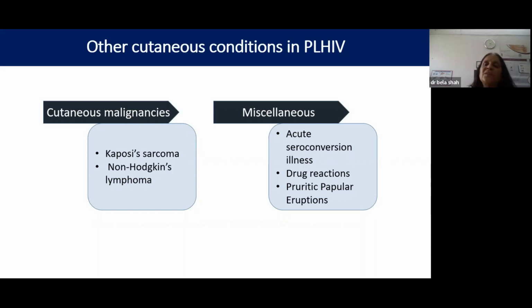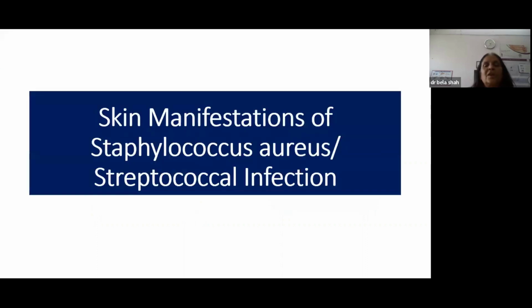When nevirapine was used as a first-line drug, we saw a lot of SJS and TEN. That incidence has gone down because of the change in the first-line drugs. And of course, pruritic papular eruptions we have seen in a number of cases for 15 years. That's also going down.